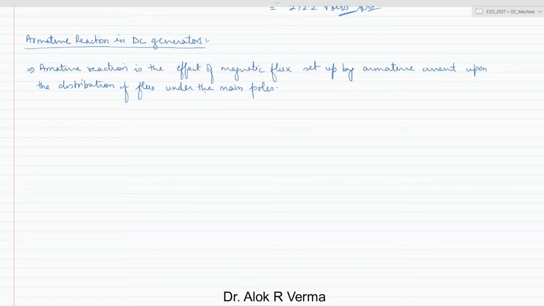So to understand this, first let us understand what is the distribution of the main pole field. Considering this is a rotor and there are two poles.